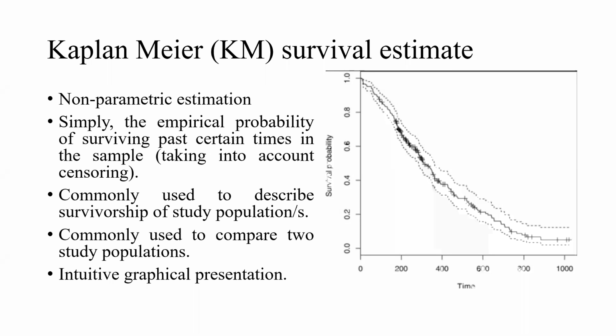In the next sessions I will describe how we interpret the Kaplan-Meier survival curve, which is actually very important. You might have seen this sort of curve in different research articles which you may have read before.